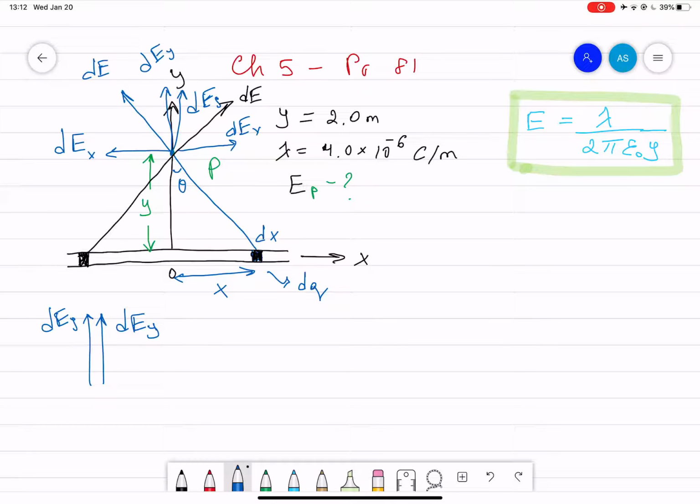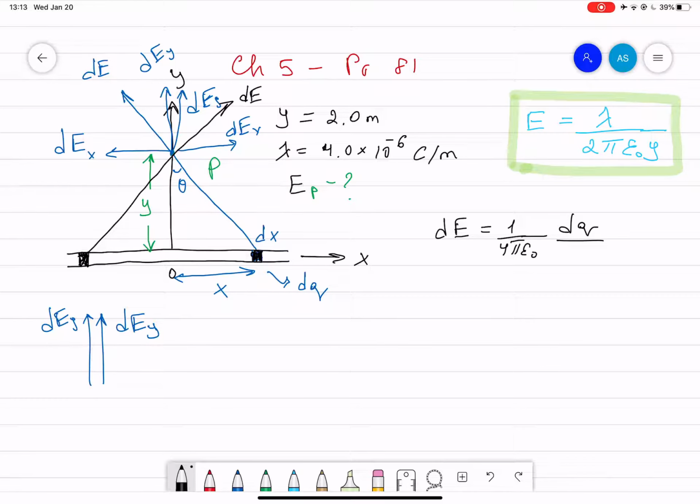Now, let's start slowly with the formula, bit by bit we will get there. The first formula that we have to use is the electric field, the very small electric field dE that is coming from dq, which is equal to 1 over 4 pi epsilon naught times dq over a distance.